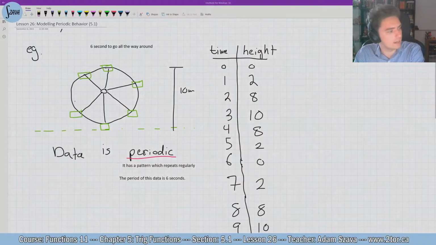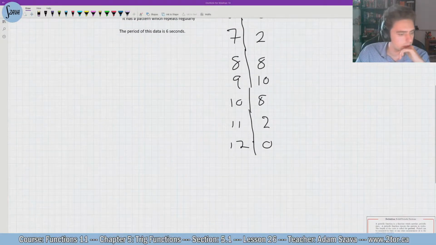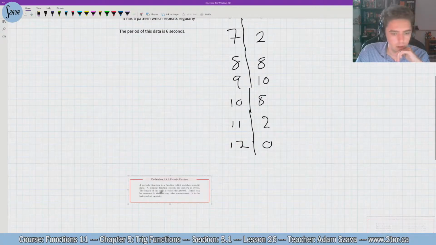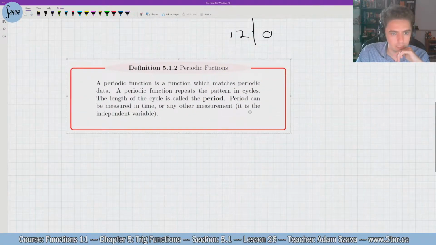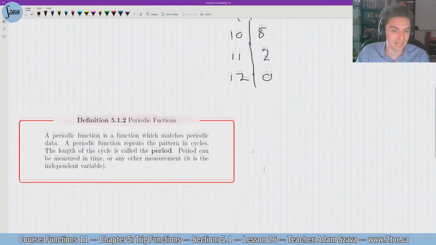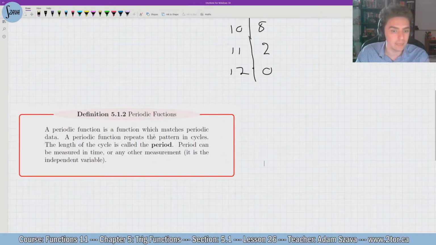So let's take a look at the definition of a periodic function. A periodic function is a function which matches periodic data. That means it repeats the pattern in cycles. The length of a cycle is called a period.